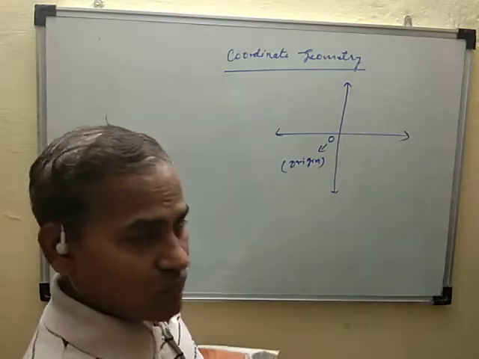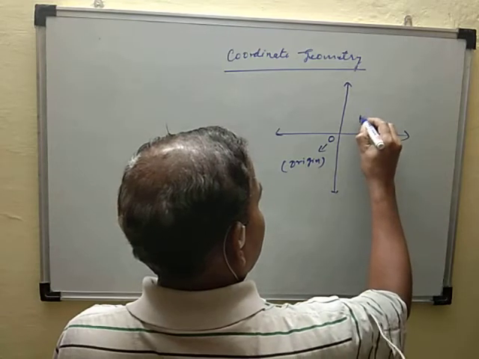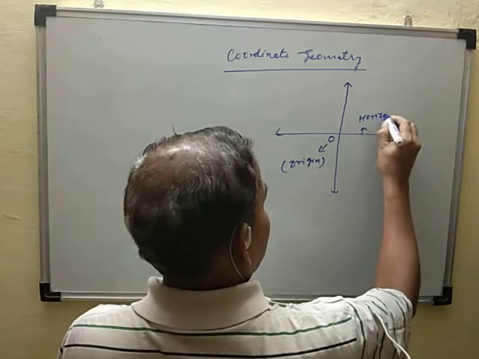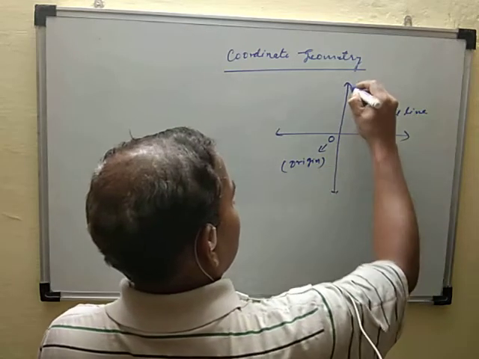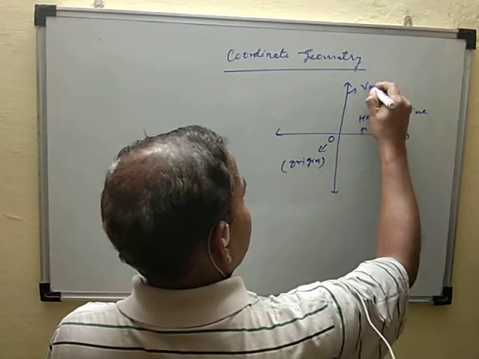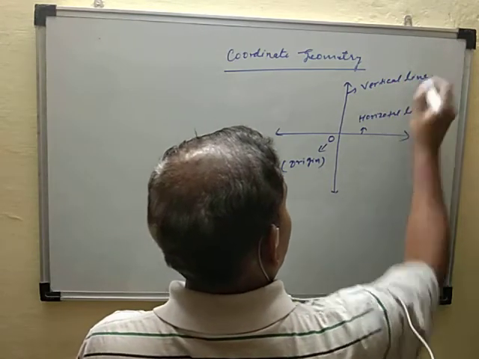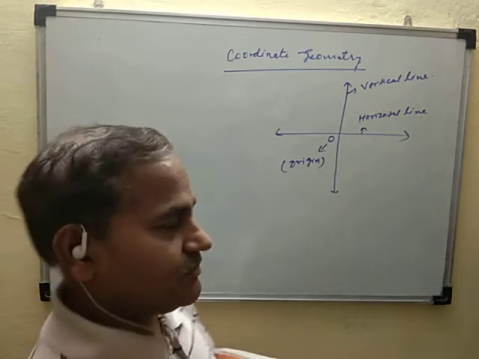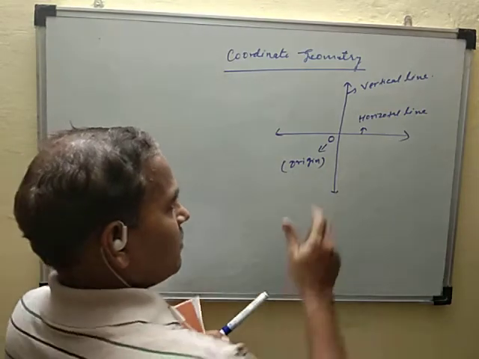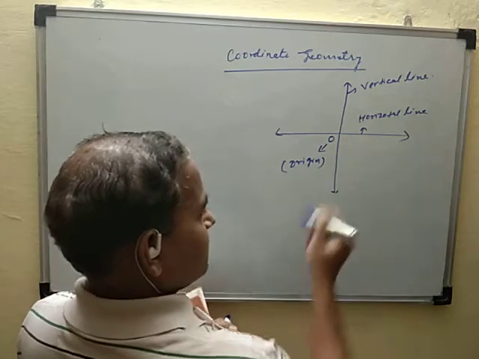Origin O. This line is called the horizontal line, and this one is called the vertical line. From the right side of the origin, this one is the origin.